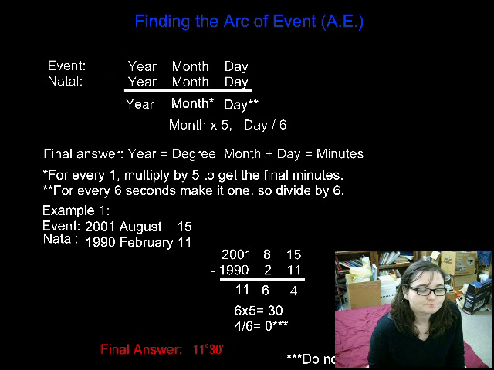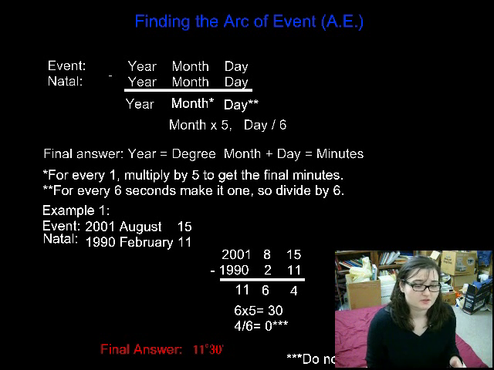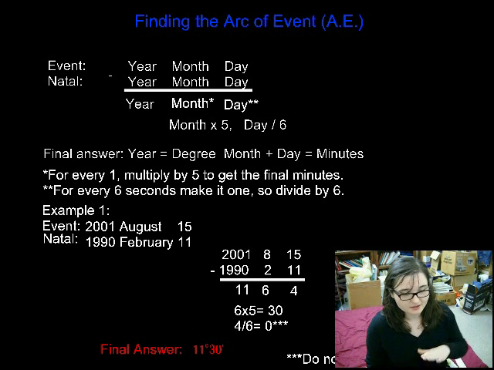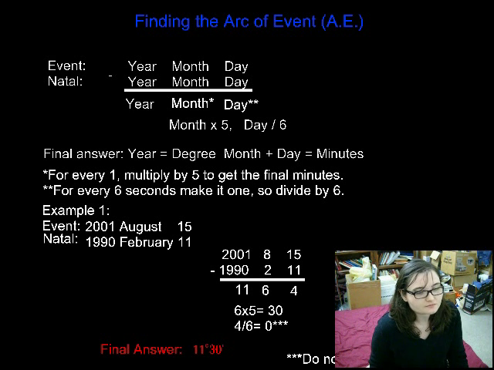And why you need to do that is we need to convert these into degrees and minutes, so then it works with the degrees on the circle. So for your final answer, the year equals the degrees. Now the month, for every 1 month, you multiply it by 5 to get the final minutes, and for every 6 seconds, make it 1, so divide that by 6.